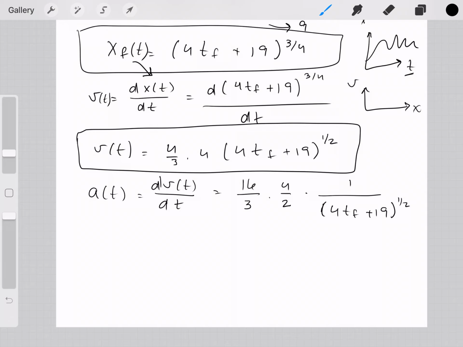And let's simplify that a little bit to make it look pretty. 16 over 3 times 4 over 2.